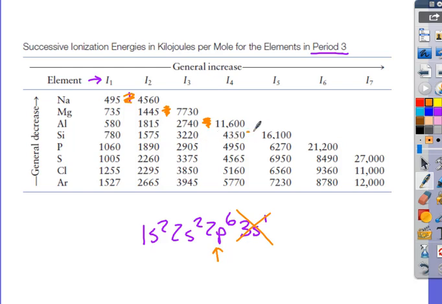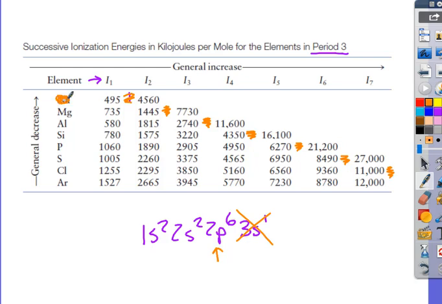Silicon has 4 valence electrons. That's why I have a giant jump. Phosphorus has 5 valence electrons. Sulfur, 6 valence electrons. Notice for chlorine and argon, you don't see any big jump because for chlorine, I don't have the 8th valence electron over here. That one would be where my big jump would be for it.